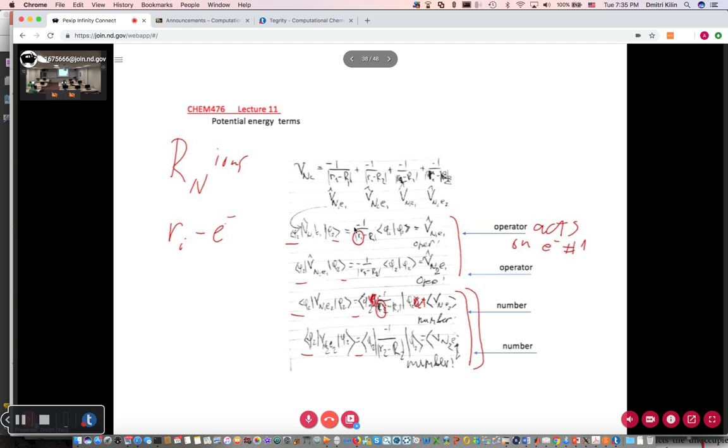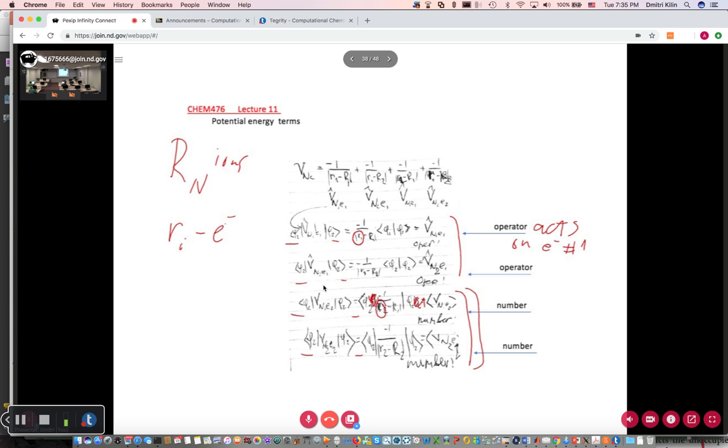Then 1 over delta R, 1 over R1 minus R1 capital, can be put outside of the brackets, and the second wave function will be averaged out. So we will get an operator. It will be the operator of potential energy of attracting the first electron to the first nuclei.